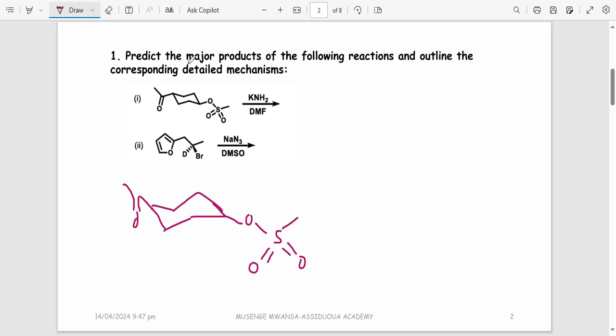I had mentioned that when you see group 1 elements bonded to some compound, those really don't affect the reaction. So here you actually have potassium positive and also an amine like that. So this is going to be the nucleophile because it's negatively charged.